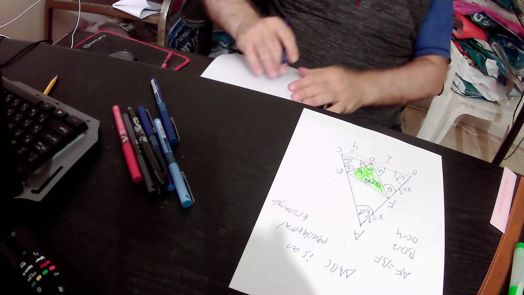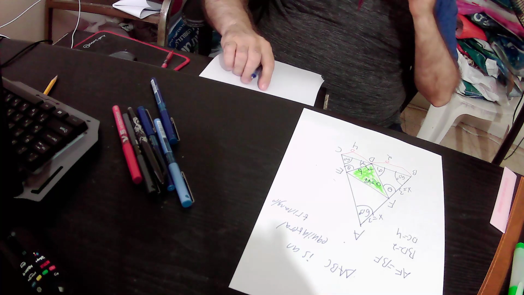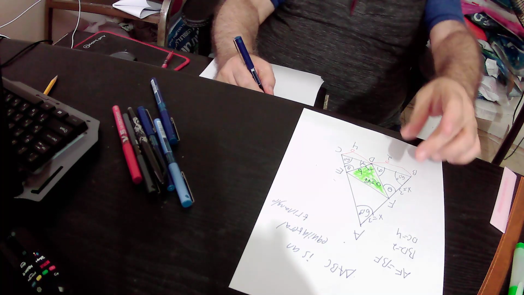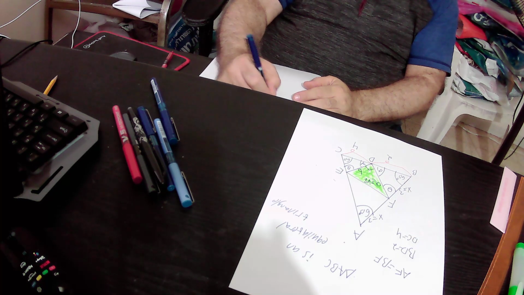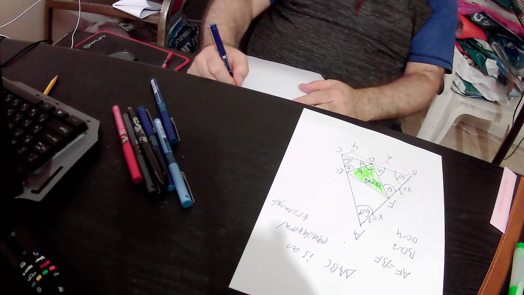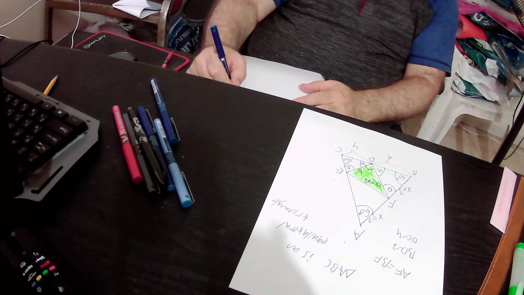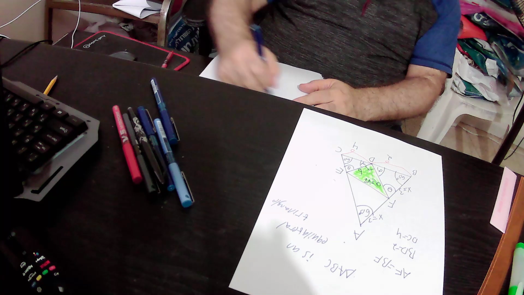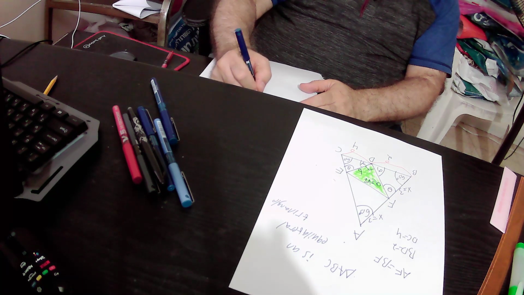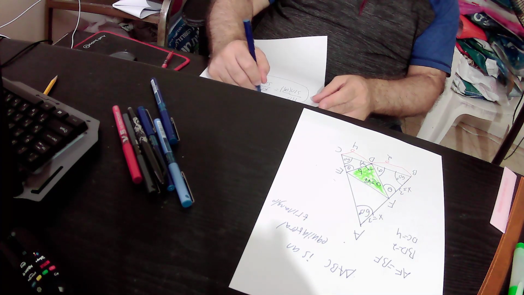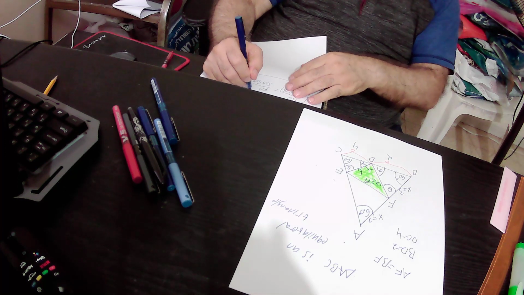According to the law of sines, BD over sine theta equals FD over sine 60 degrees. So we implemented the law of sines in triangle BFD.